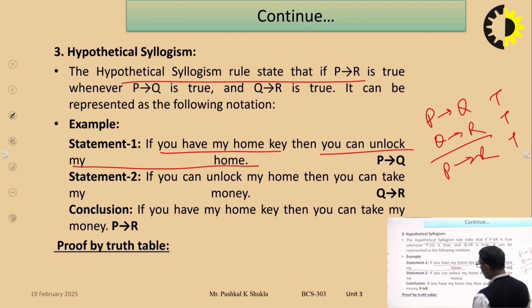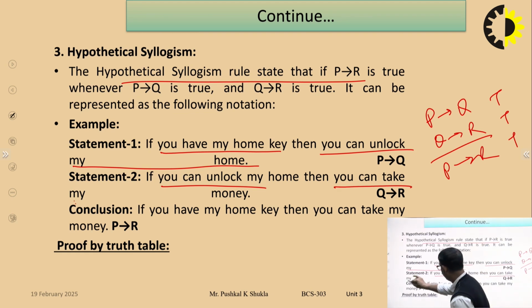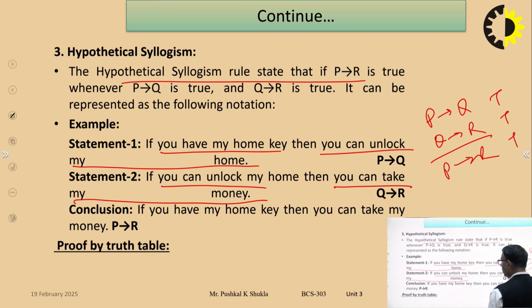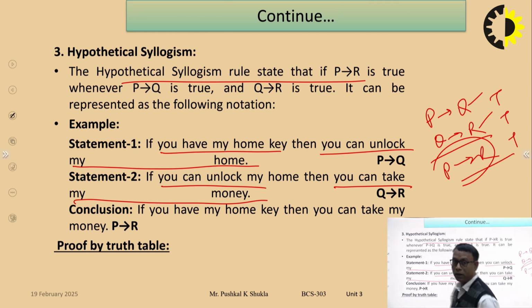Second, Q imply R: if you can unlock my home, then you can take my money. So what will we infer from these two? If you have my home key, then you can take my money. P imply R. So this law is known as hypothetical syllogism.